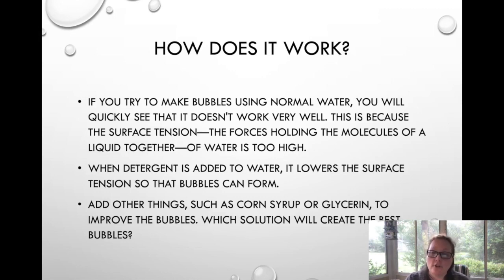When you add the detergent, it lowers the surface tension, and so it allows it to expand. For this lab, we're adding corn syrup or glycerin because this is, again, to help it expand a little bit more, so it kind of takes away some of the surface tension.